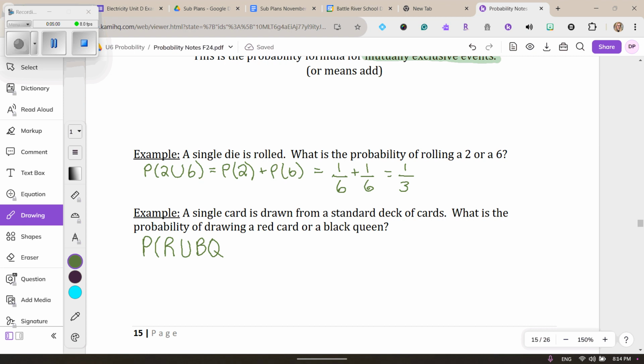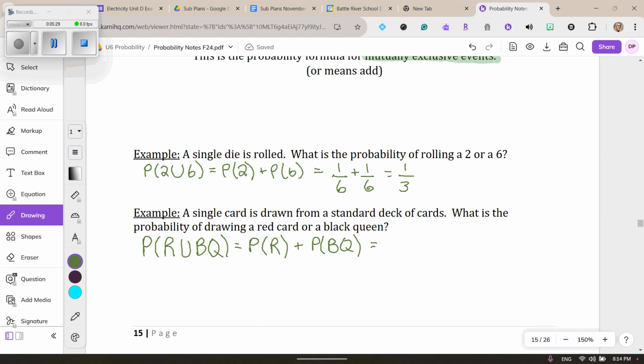I know this notation, I'm just making it up, using the first letter: the red card or the black queen. Keeping in mind that these cannot happen in the same event, a red card and a black queen are always going to be different events. So I can find this by taking the probability of finding a red card and adding it to the probability of a black queen.